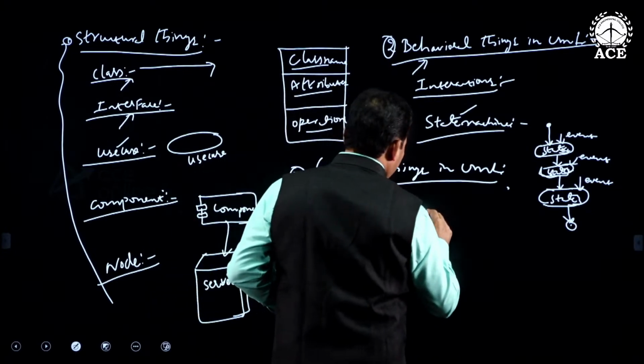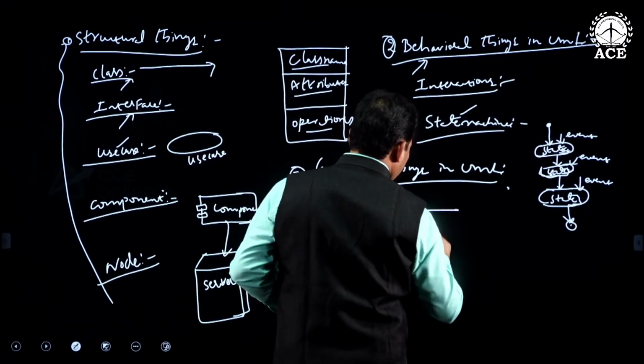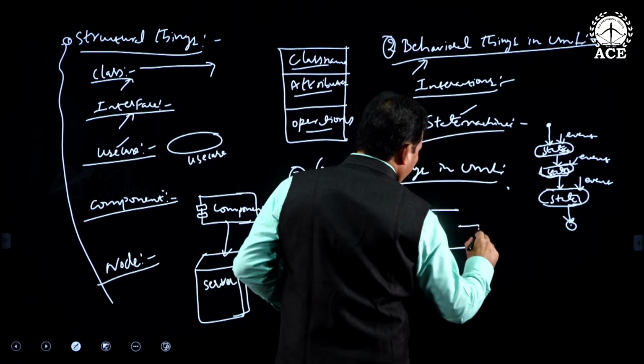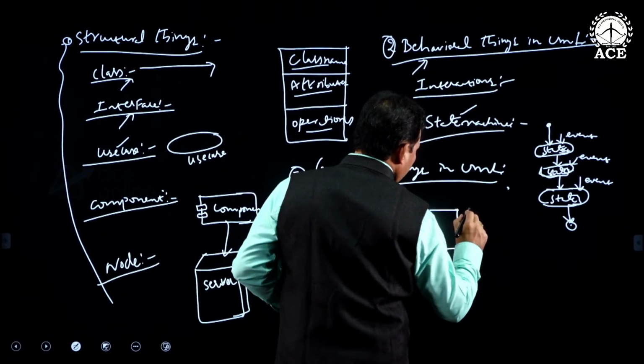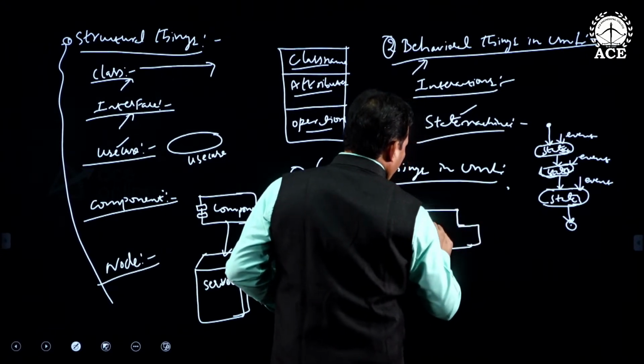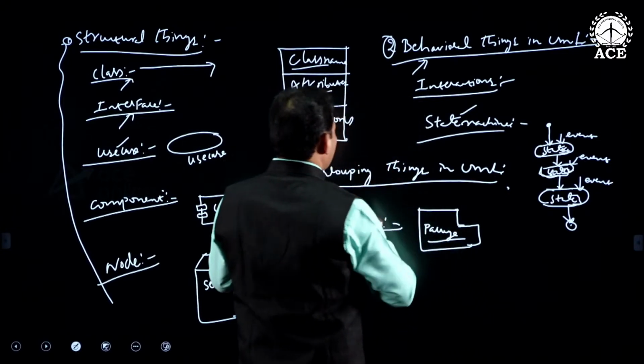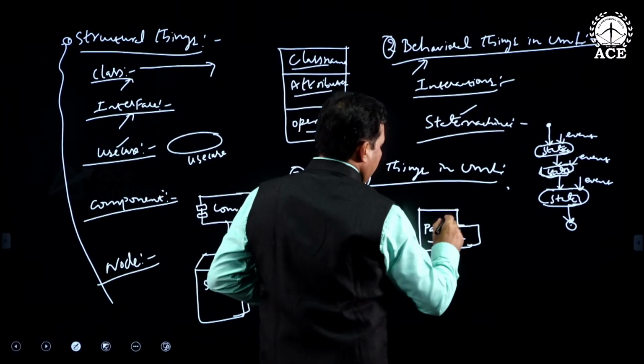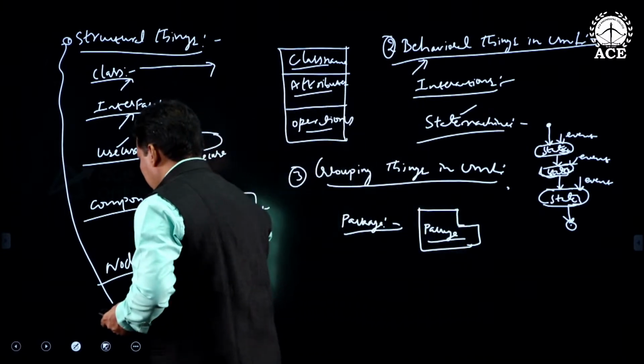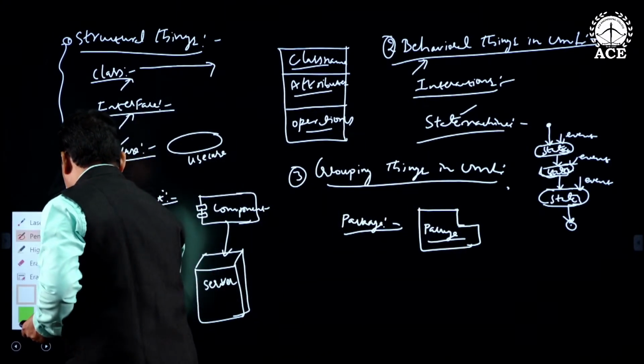What is the graphical representation of a package? This is what we call a package. So what does this package store here? All these classes will be stored in this package.